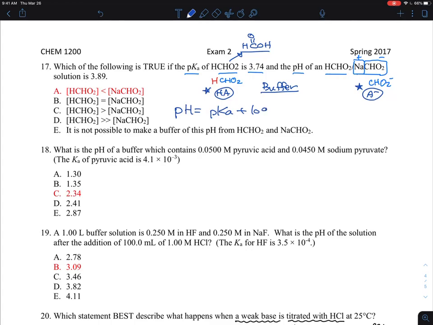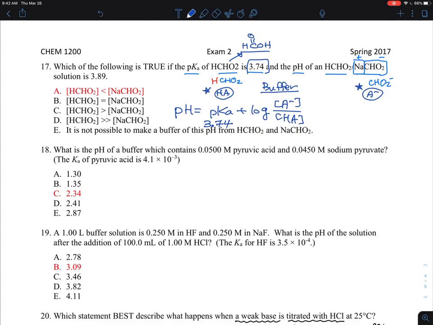This is an equation that is going to be very powerful, and you will need to use it for many problems down the road. This is the buffer solution equation, which I also call the HH equation. And what you see here is I give you the scenario where the pKa value here is 3.74.